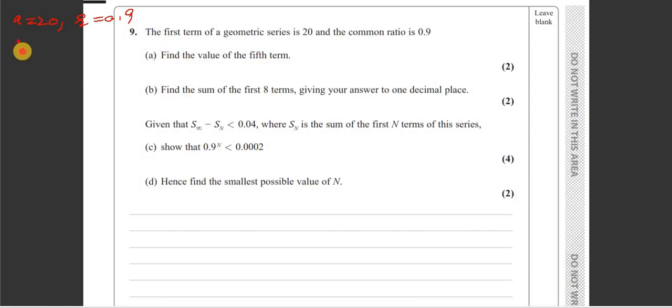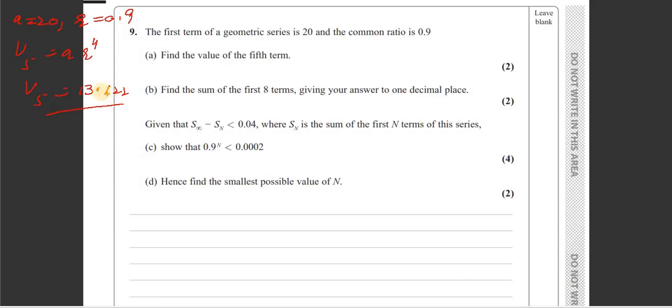So the fifth term u5 is equal to AR^4. So you can plug in A is 20 and R is 0.9, and you can calculate, and you say that u5 is 13.122.